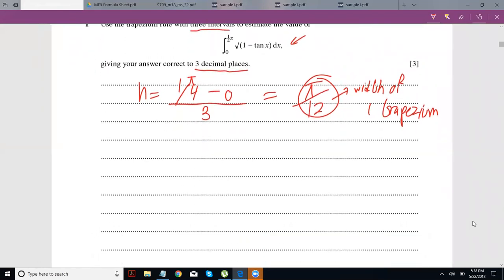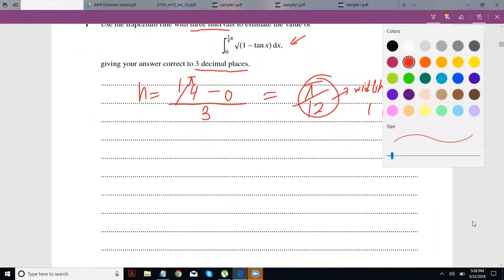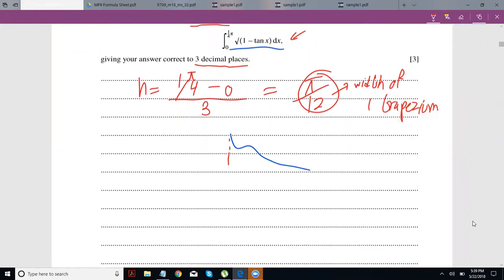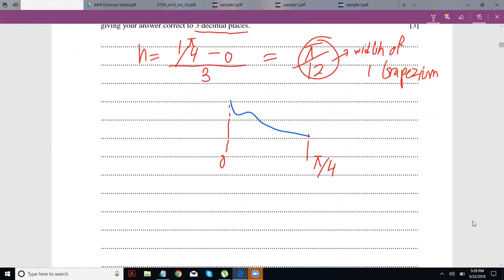Now, if you want to think about this a little, let's say whatever this particular curve looks like, it looks like something like this. I don't know what it actually looks like, and this is x is 0, this is pi upon 4. Now, what you've done is you've kind of drawn 3 trapeziums. Excuse the bad drawing.